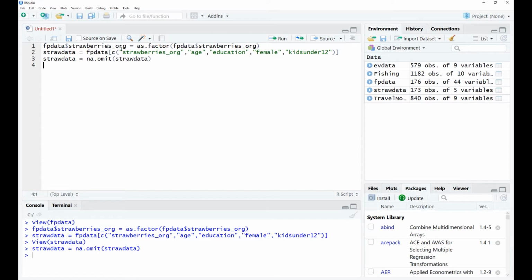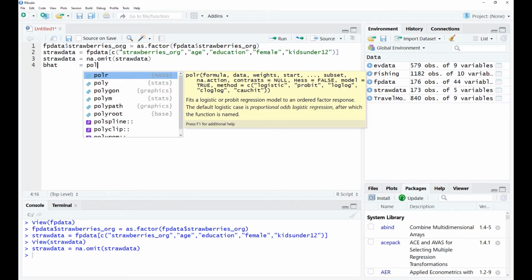Now, to estimate the model, we type in b_hat, and we are using the command polr. Note that this command is associated with the package MASS, and it fits an ordered logit model.